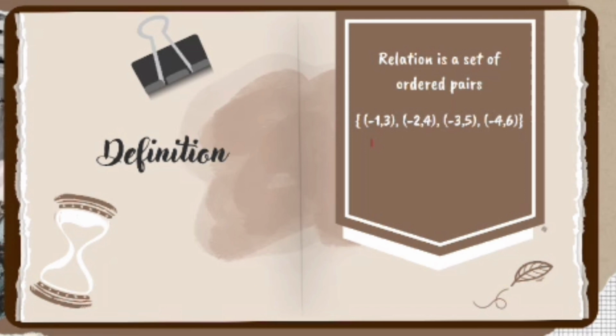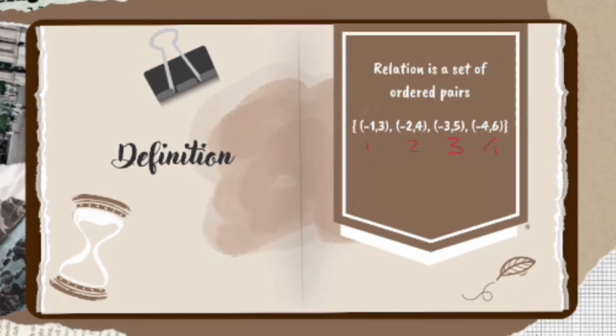We have (-1, 3) for the first ordered pair, (-2, 4) the second ordered pair, (-3, 5) the third ordered pair, and also (-4, 6) as the fourth ordered pair.